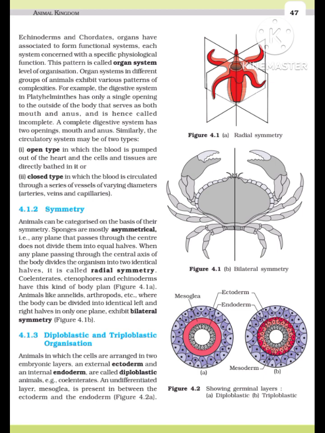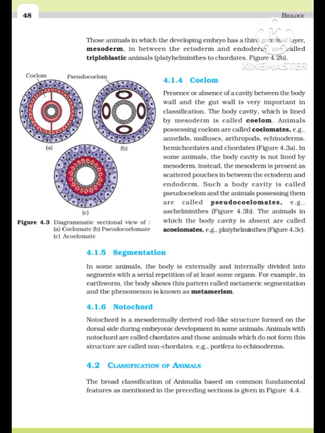Those animals in which the developing embryo has a third germinal layer, mesoderm, in between the ectoderm and endoderm, are called triploblastic animals, Platyhelminthes to chordates. Figure 4.2b.